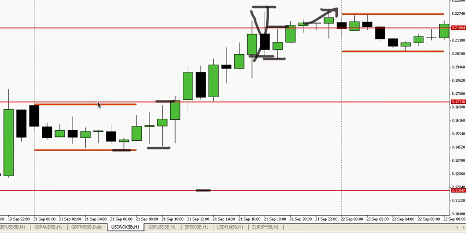Okay, so the point I really want to make is that we're trading the logical movement of price here, and we are trading support and resistance, but we're just not making any pre-decisions about that. We're letting price decide. We're letting the big guys decide where the support and resistance is, and we're just fishing for those levels by taking trades.